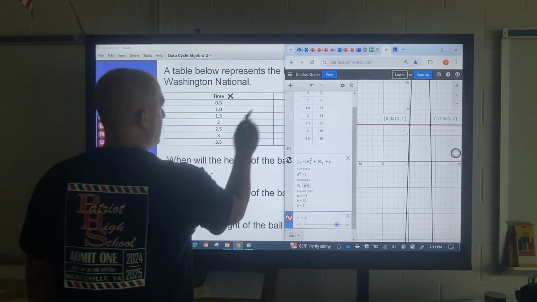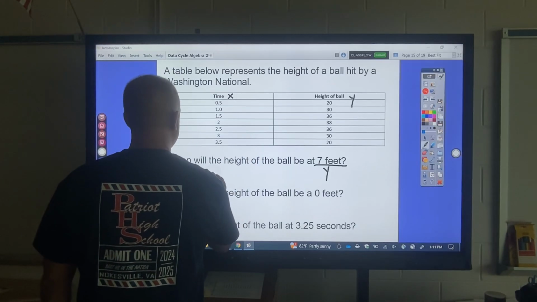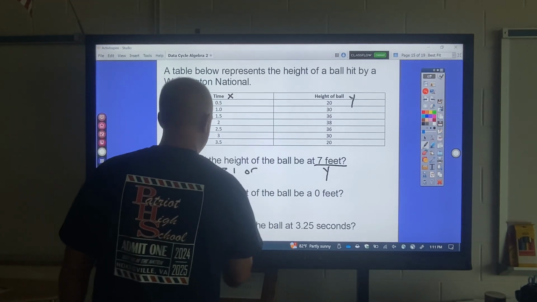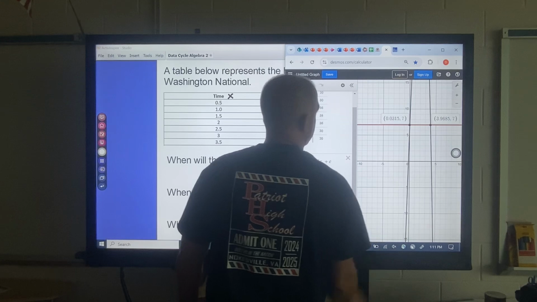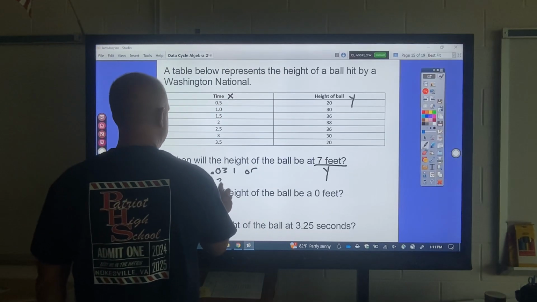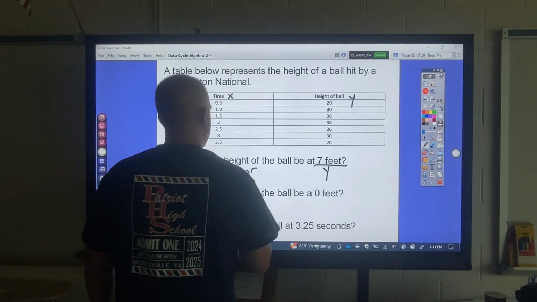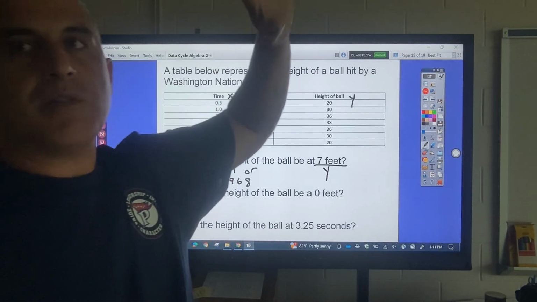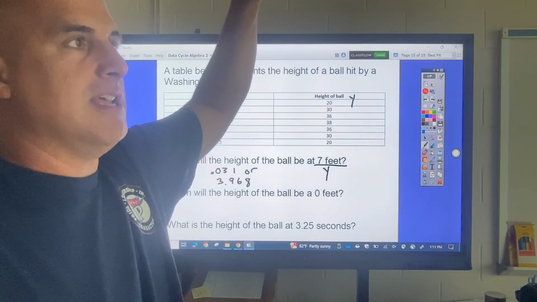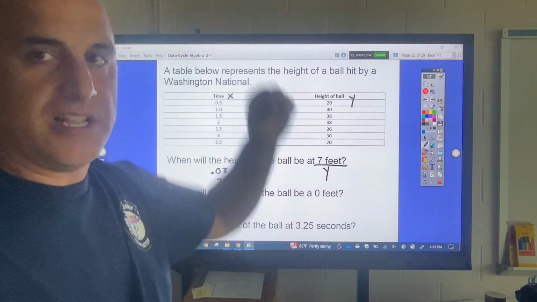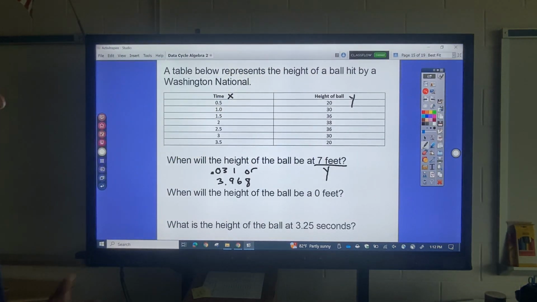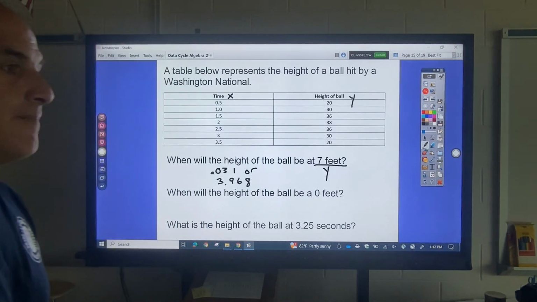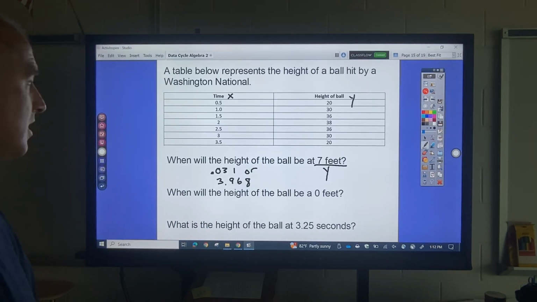At 0.031 seconds, it's that, or if you click this other one, it's 3.986. Why is it important when the ball is at 7 feet? If you're going to go catch, it's going to take 3.9 seconds. For those of you who know baseball, that's how long you have to maybe tag up and get back to the base.